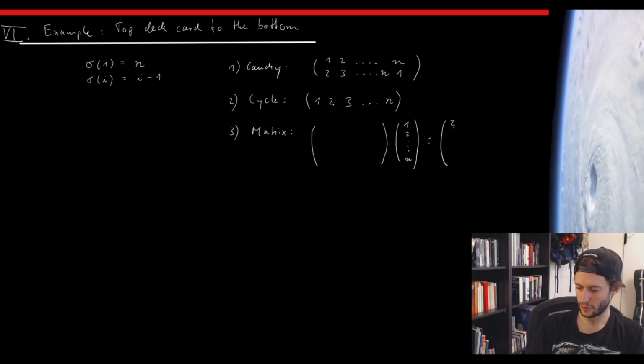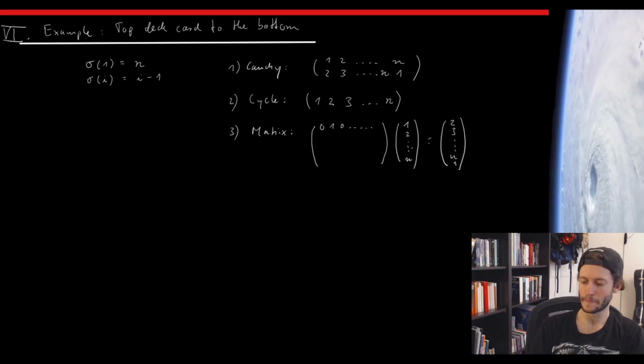We want to have 2, 3, and 1. So for the first line, we want to get a 2. So we want 0, 1, and zeros, which comes down to 0 times 1 plus 1 times 2 plus 0 times the rest.